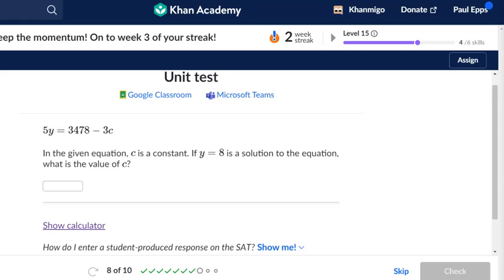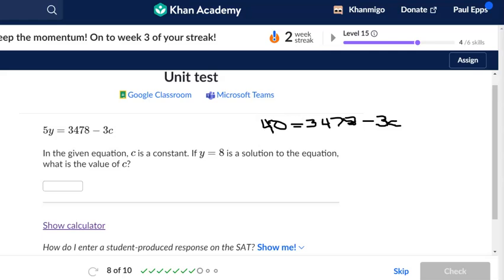So if we have 5y and y is 8, then the equation becomes 40 equals 3478 minus 3c.